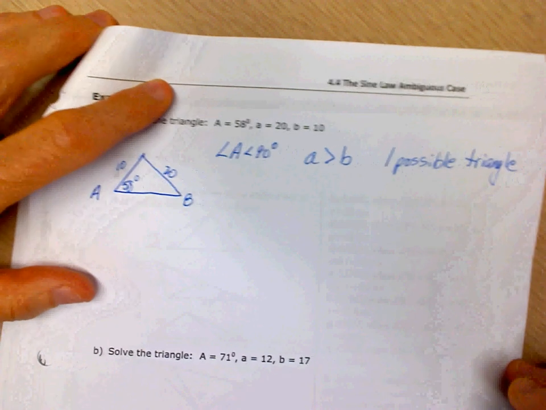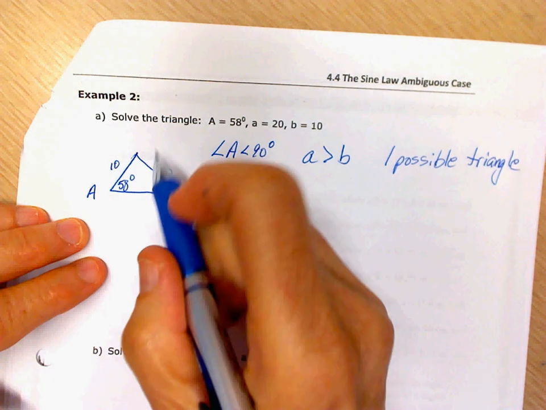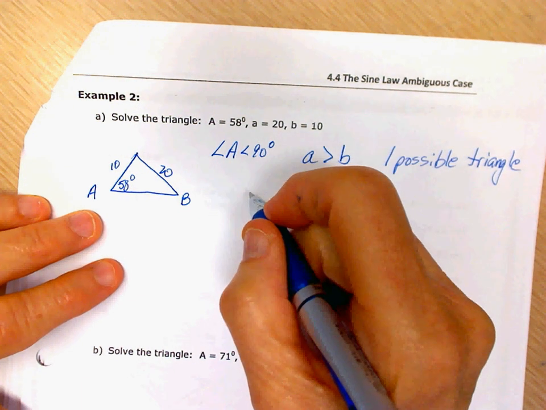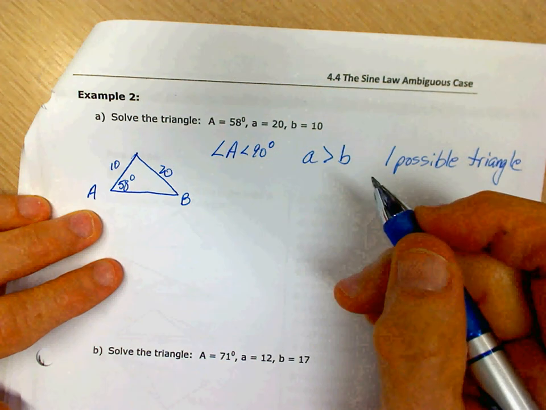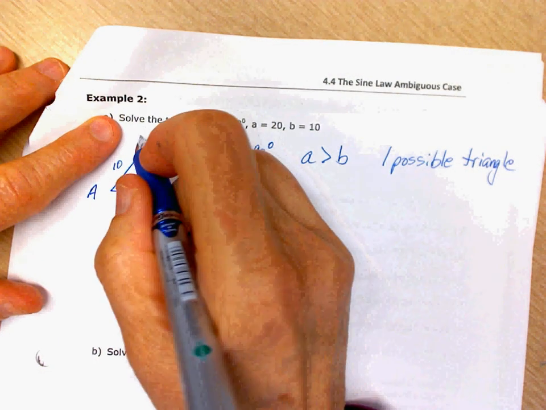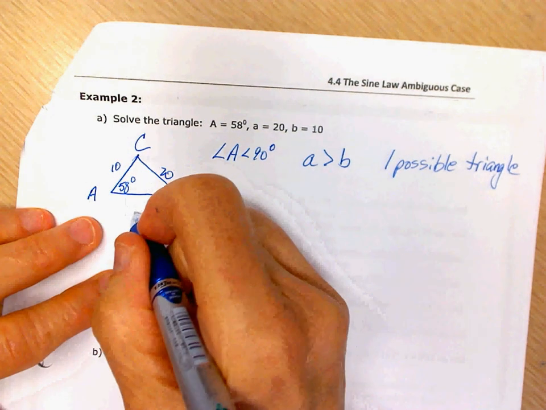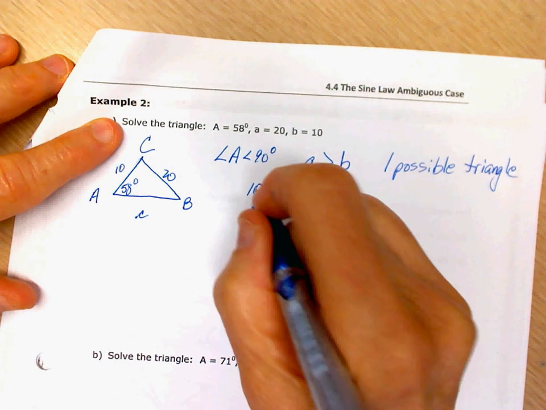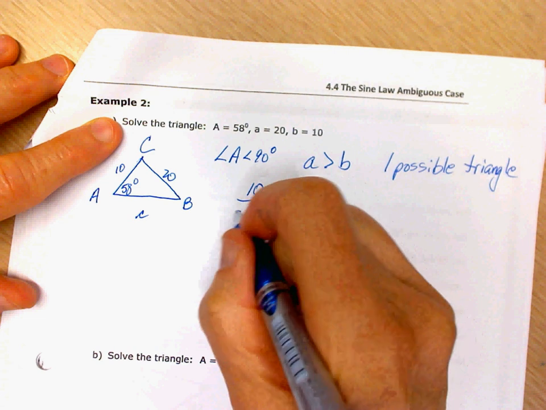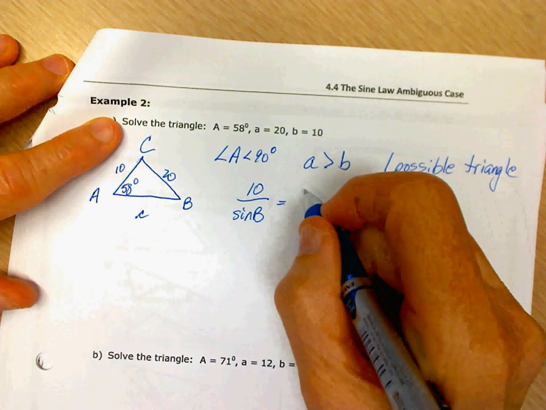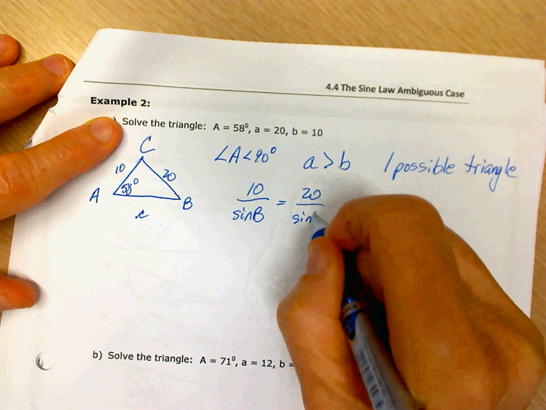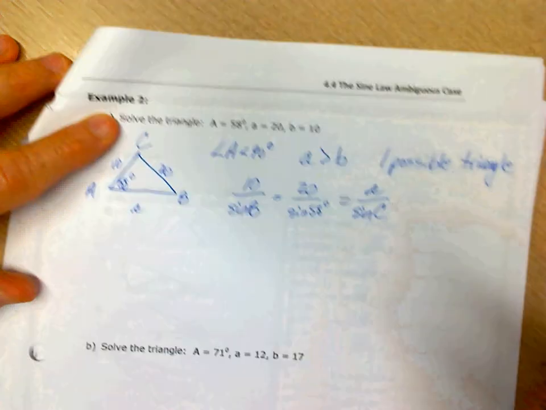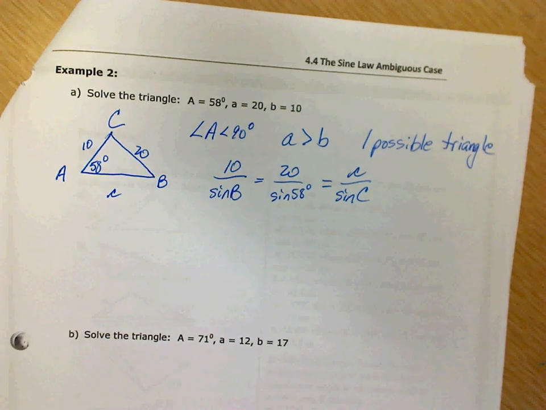So let's do it. Side angle. So we can go 10 over sine B. We're going to have to solve the triangle, we'll call this C. So we're going to have to find little c, angle B, angle C. So let's do it. 10 over sine of B equals 20 over sine of 58 degrees equals c over sine of C. What's the first thing we can find?